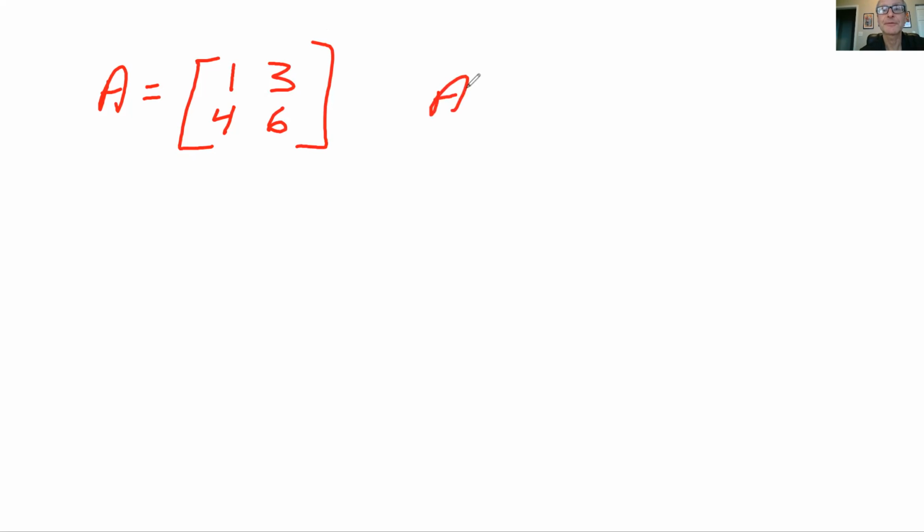So say like we take matrix A, and I'm going to define matrix A as 1, 4, 3, and 6. And one way to find the A inverse is to do what we call this idea of an augmented matrix.